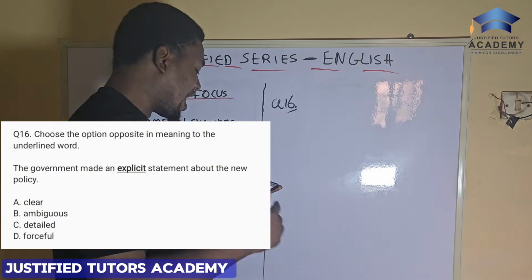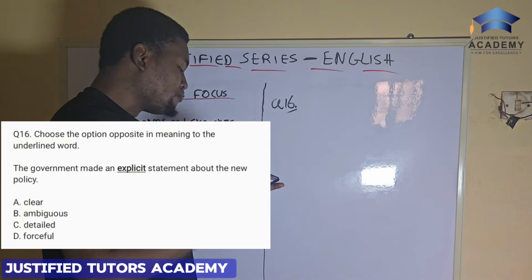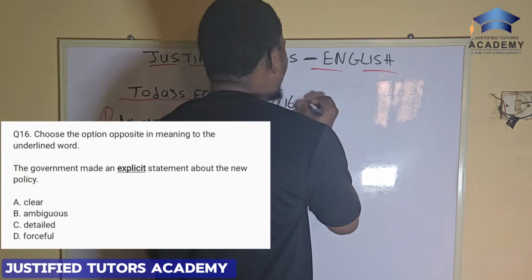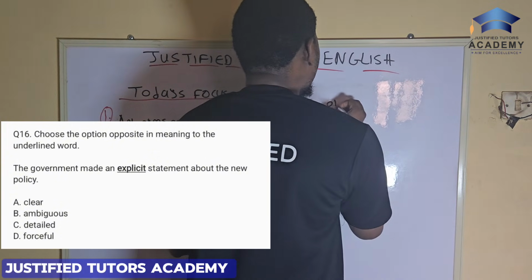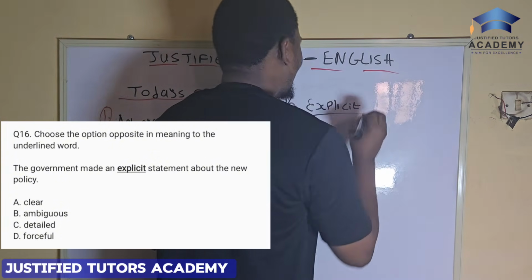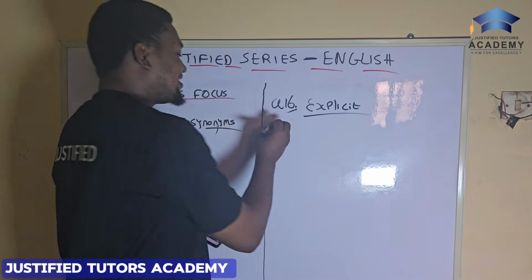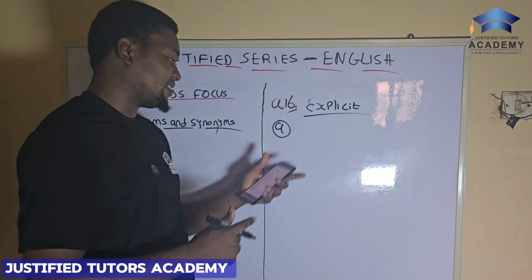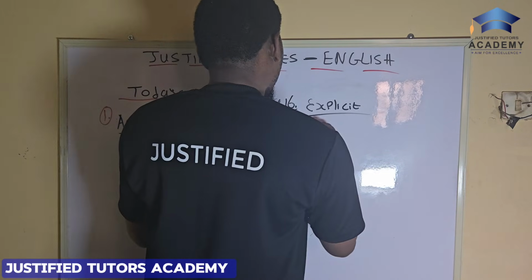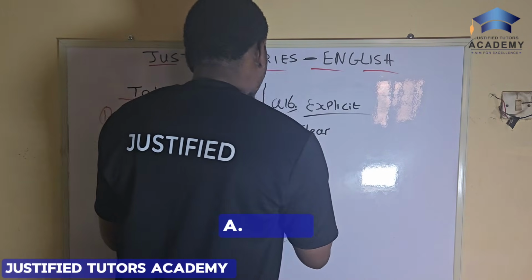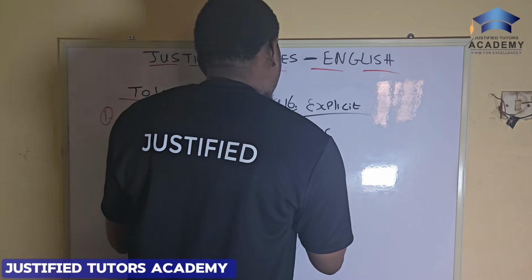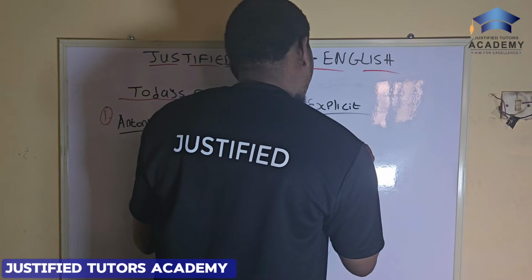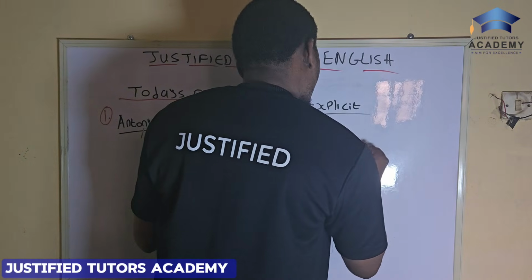Now the question says, the government made an explicit statement about the new policy, and they underline the word explicit. This is the underlined word here, explicit. And they said that we should choose the word that is opposite in meaning to the word explicit. So our options given are A, clear, B, ambiguous.